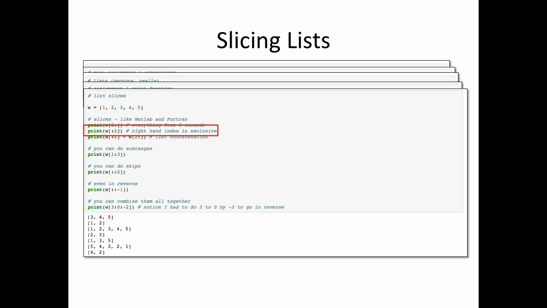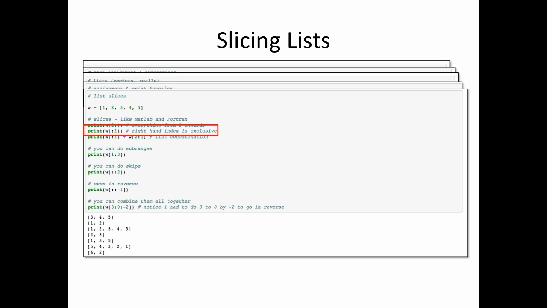Now, you can also skip the value on the left-hand side of the colon. Here we do not put any value, which means you want to start from the beginning. The value on the right-hand side, of course, is an index, which means you want the elements from the beginning all the way up to before the element with index 2.